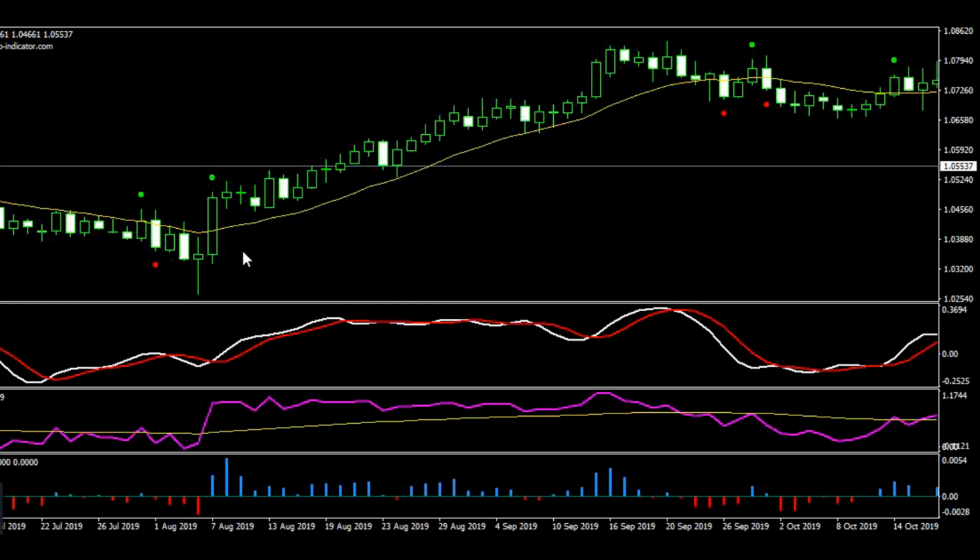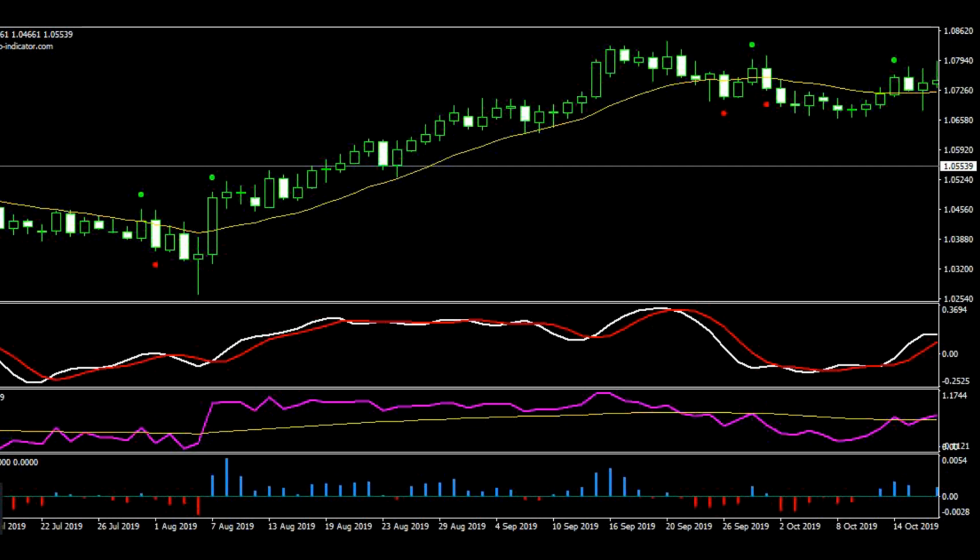Here's how I did it. First of all, I based entries on crosses of the baseline. And I looked for pretty good trends, like pretty long streaks, so that I could really evaluate these different exit points. And I did this for 20 different trades.